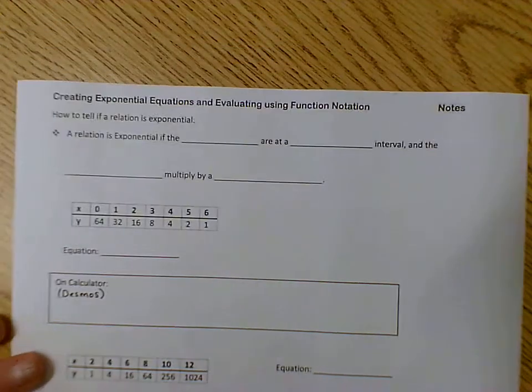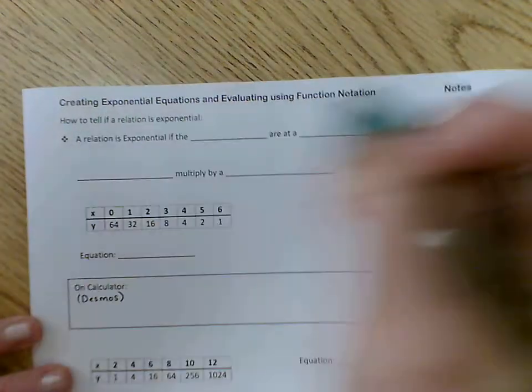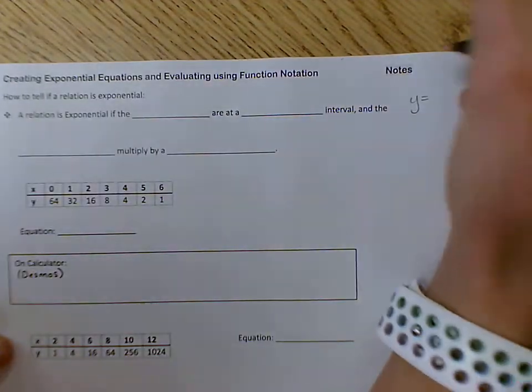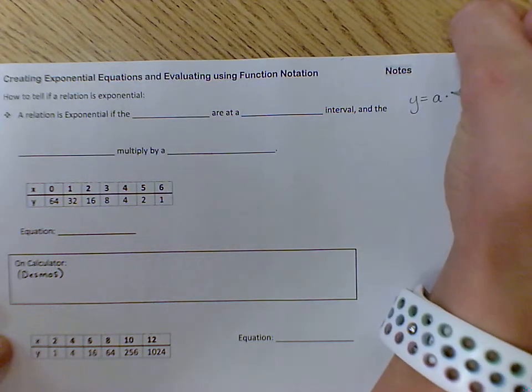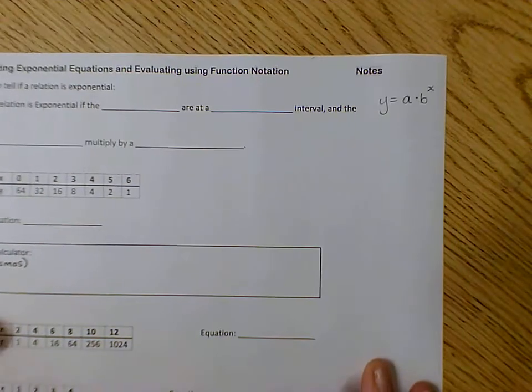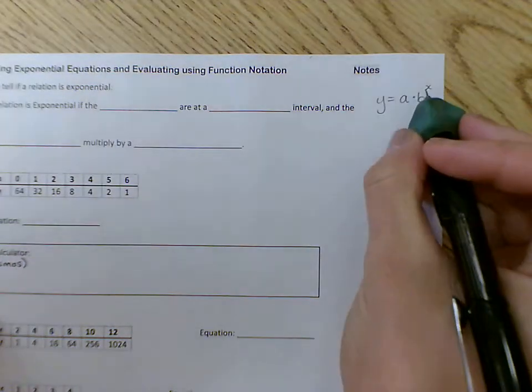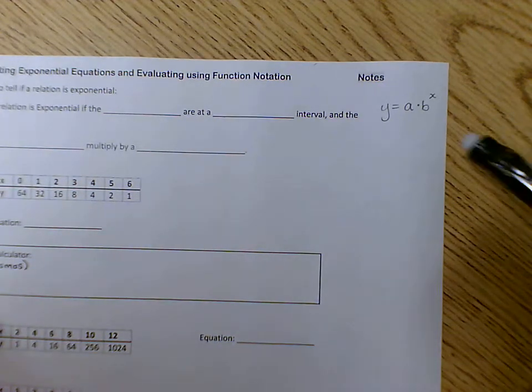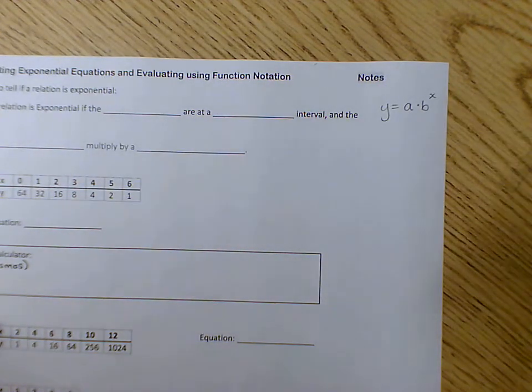In the equation, remember exponential equations, the standard form is y equals a some number times b some other number to the x power. So looking at the equation, remember the big thing to be exponential is you're wanting the x to be in the exponent spot.